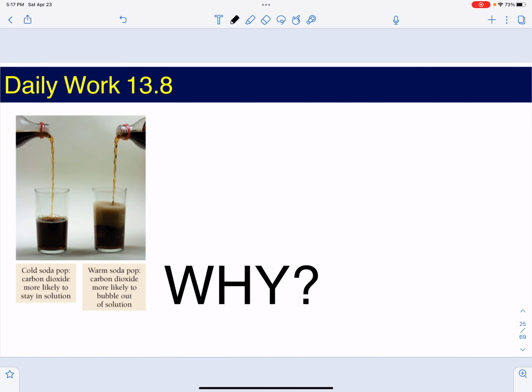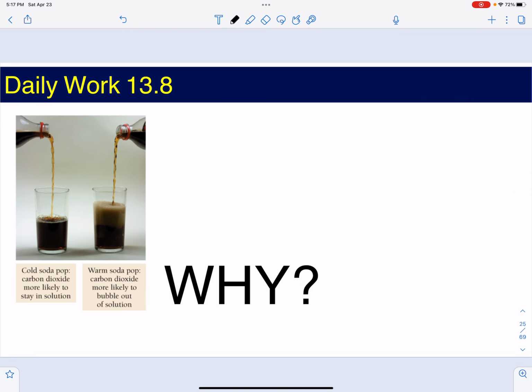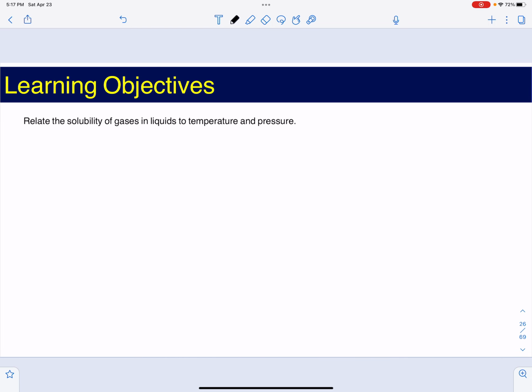So with that in mind, you should be able to explain this by the knowledge you have about the kinetic molecular theory of gases, and by knowing that increasing the temperature decreases solubility, and increasing the pressure increases solubility for gases. For solids, increasing the temperature increases solubility. And once you do that, we are done also with relating the temperature to the solubility of gases.